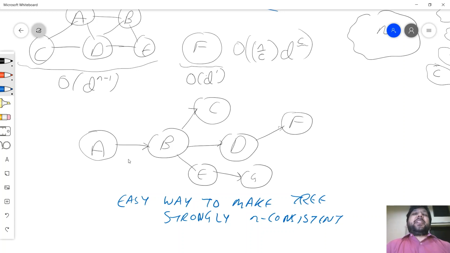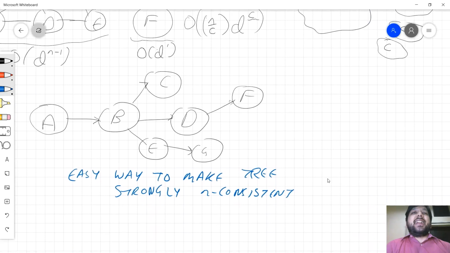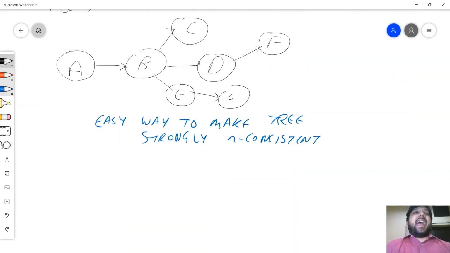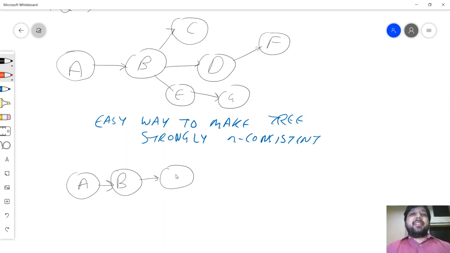So there's an easy way to do it. All that you do is arrange these nodes in a topologically sorted order, and the topological sort can have different results. I'll take any one of them.